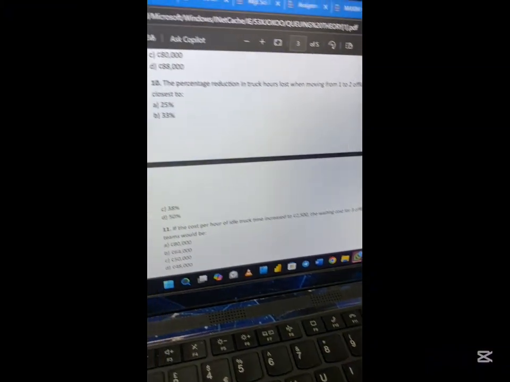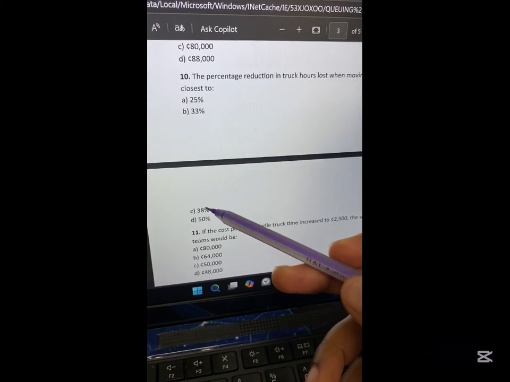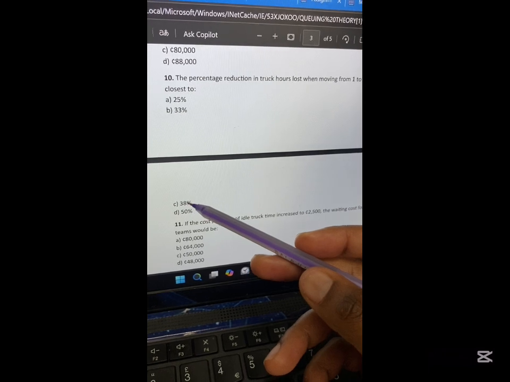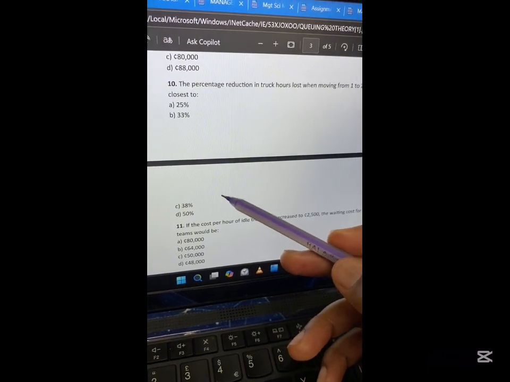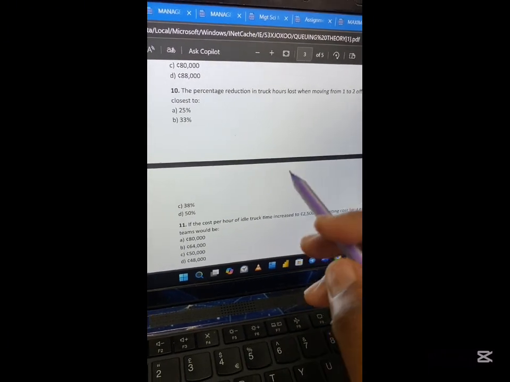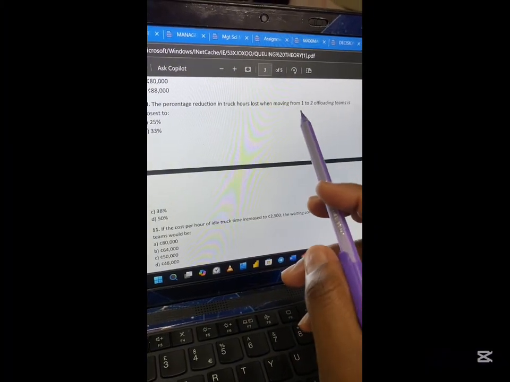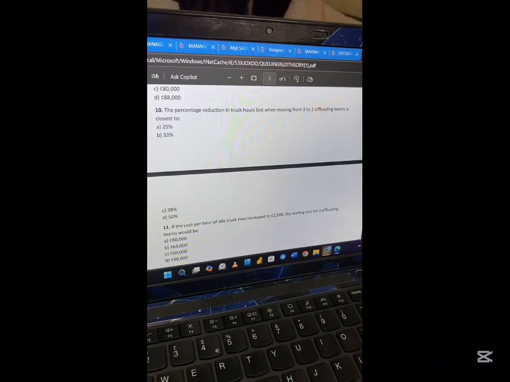So from our multiple choice, our answer was 38%. So if you are given 38% or 37.5, that should be your percentage reduction from using one team to two teams.